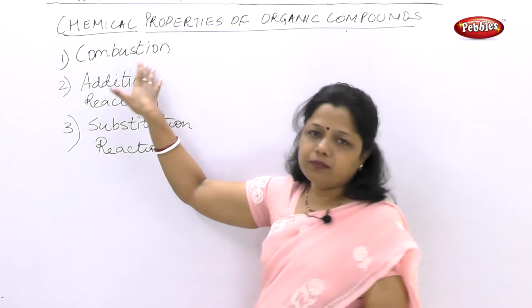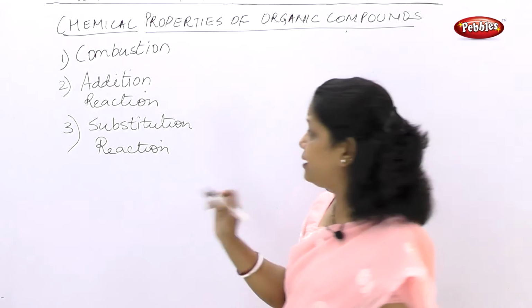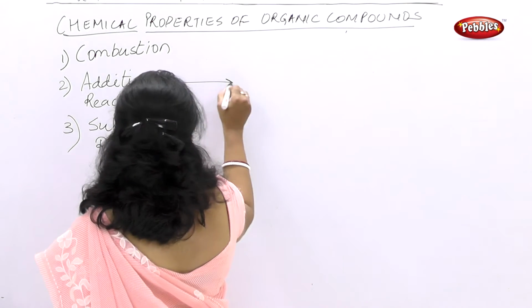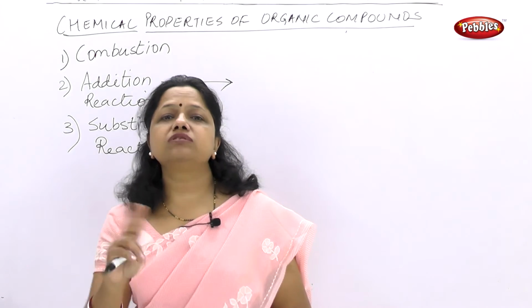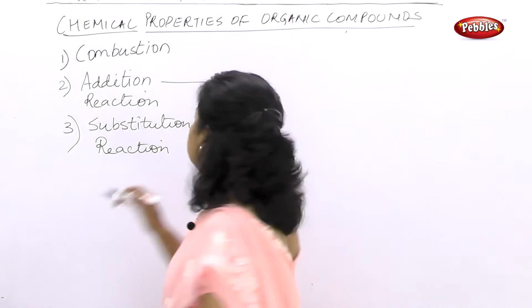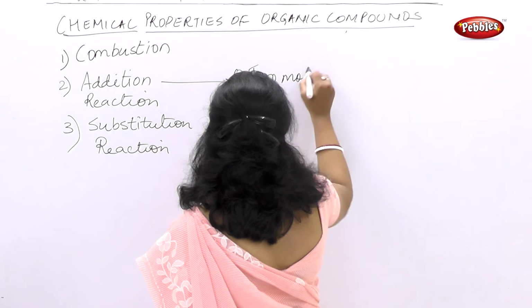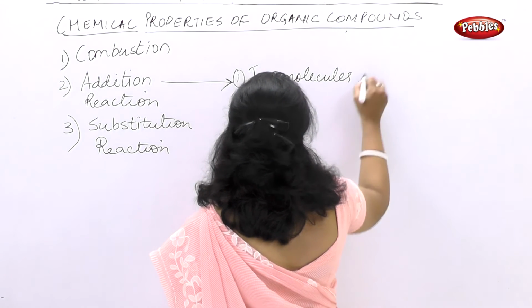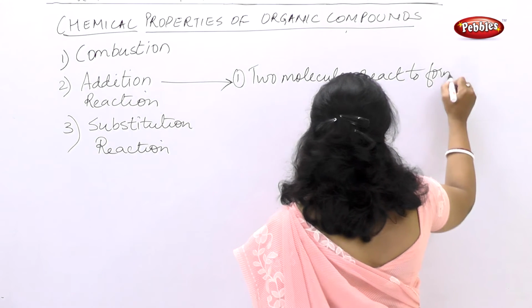Now we saw what combustion is. Let's go to the second type of reaction, which is called an addition reaction. In this addition reaction, two molecules react to form one product.